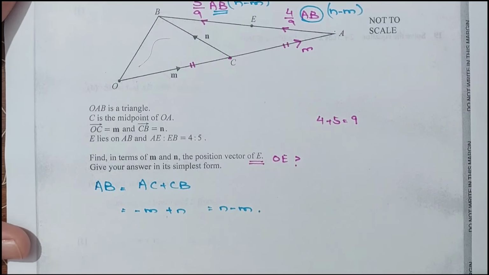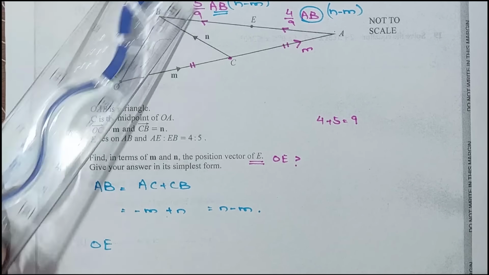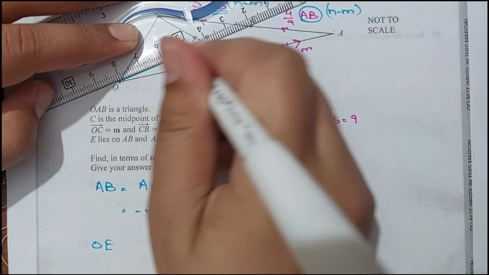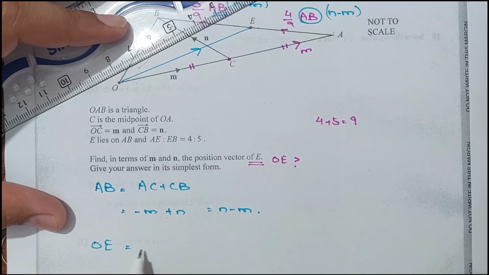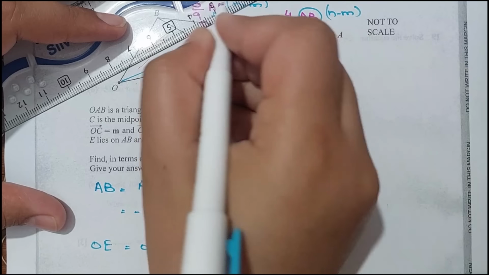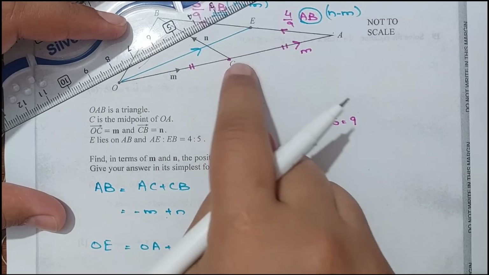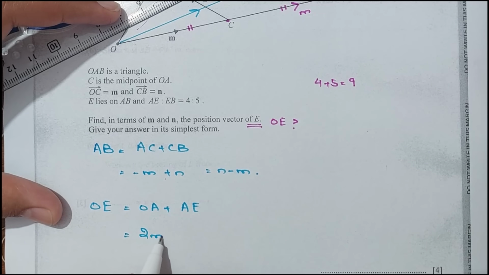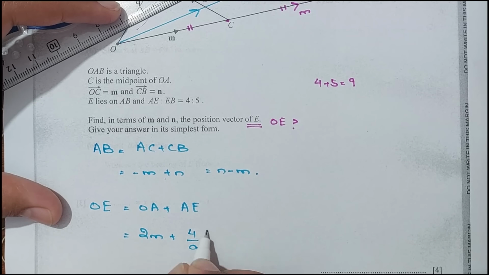Now let me solve for the position vector of E. If I join O with E, this is OE. You have to move O to A and then A to E. O to A is OC plus CA, which is m plus m, which is 2m. And this would be 4 by 9 of n minus m.